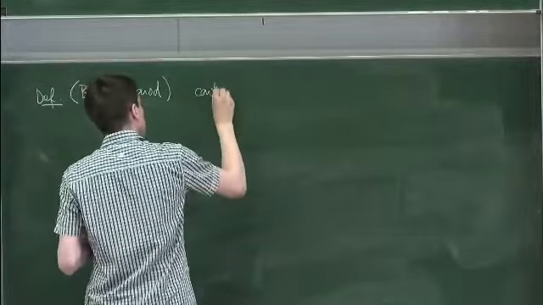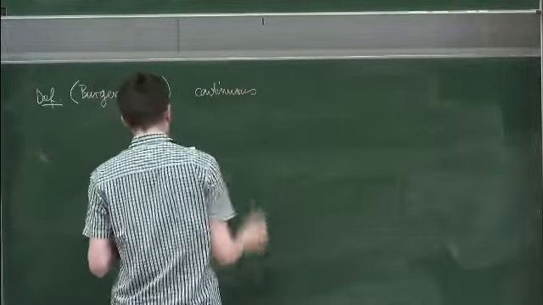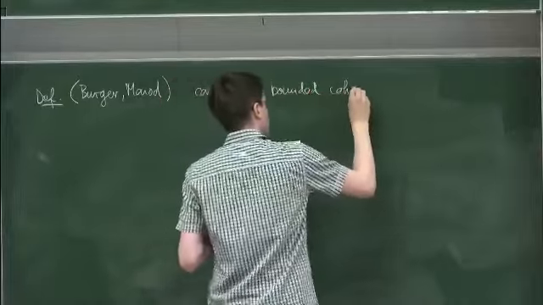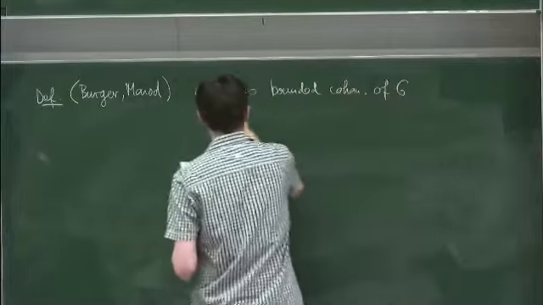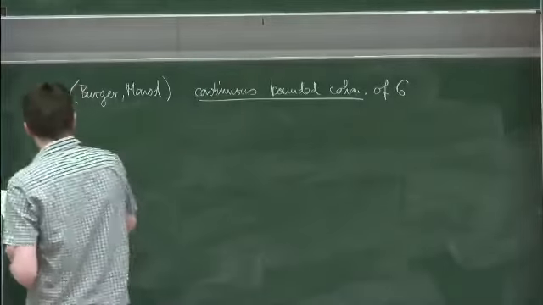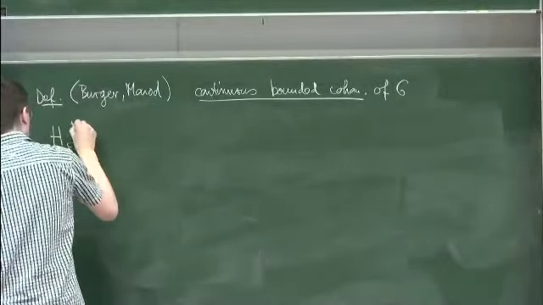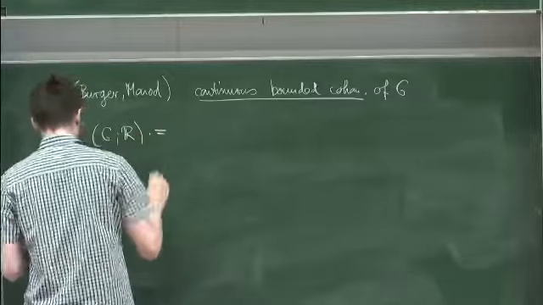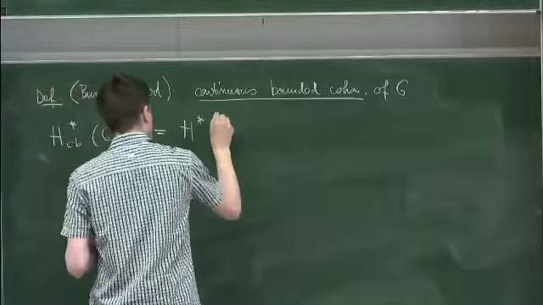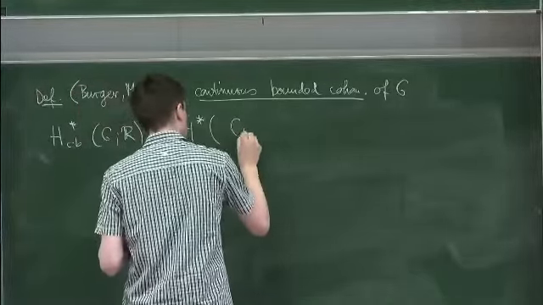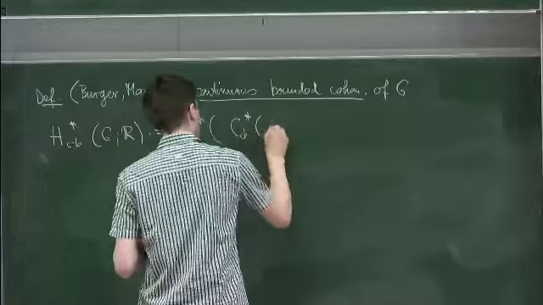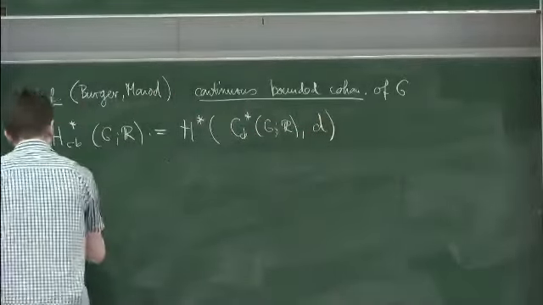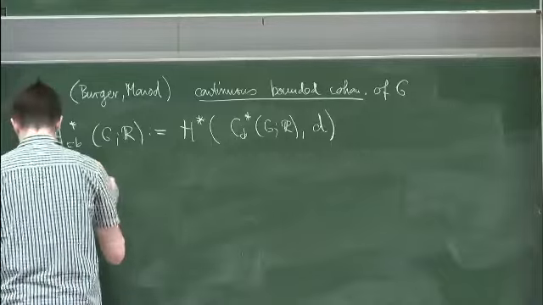So continuous bounded cohomology of G. So the complex now consists of bounded continuous functions. And the differential is the same as above.